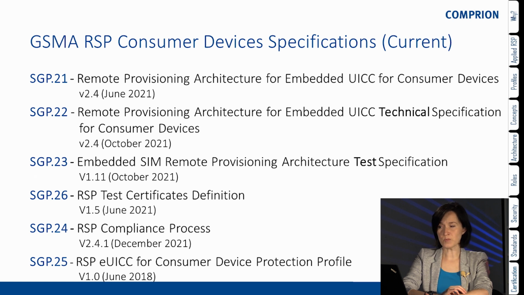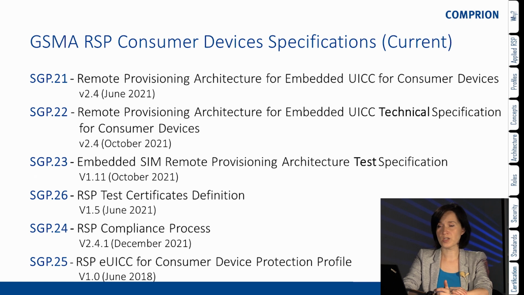Yes, the test specification is the SGP23. This specification was developed quite soon, as soon as the SGP21 and 22 were ready. And Comprion was involved, or I was involved, in the definition of the test cases.